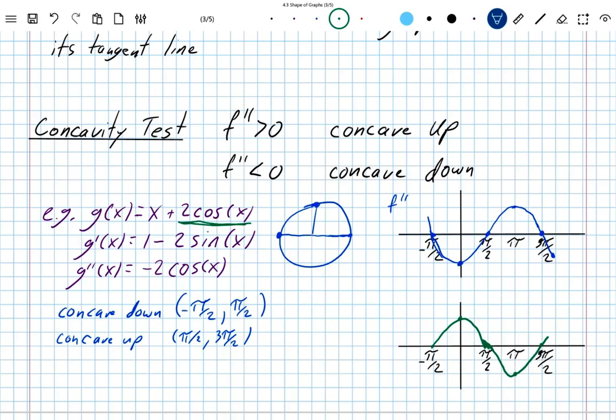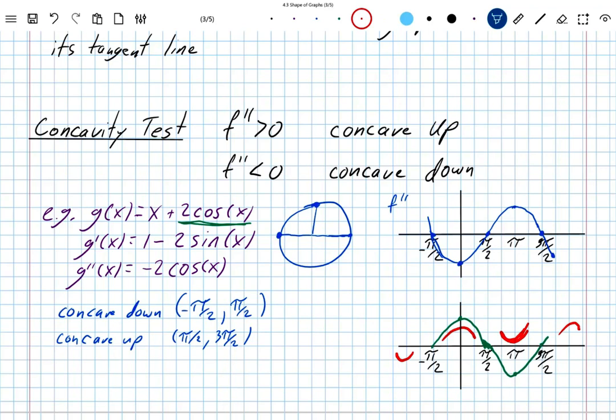And what do we see here? Where's my concavity down? Well, it looks like I'm curving in a downward direction right here. And then I'm curving in an upward direction all throughout here. And if I kept going, you'd see it curves down in this area and it curves up in this area. And so that concavity is periodic, just like my original function is periodic.